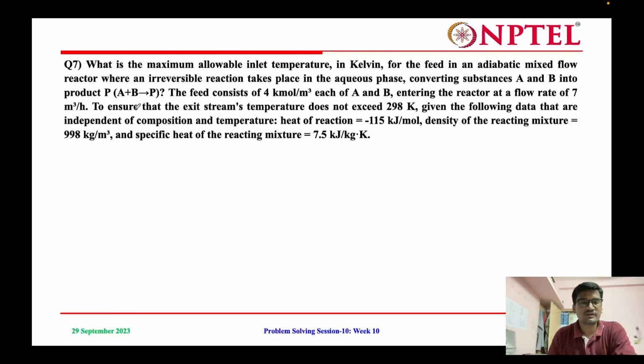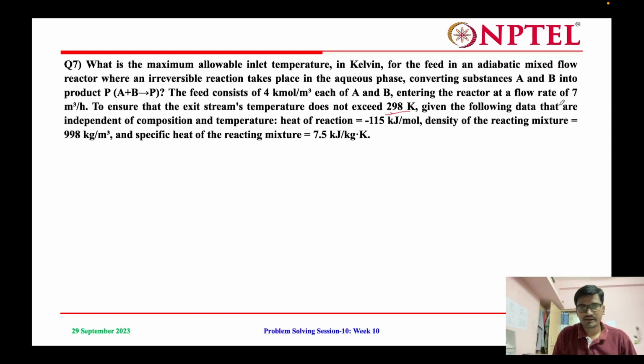Moving to question number 7. What is the maximum allowable inlet temperature in Kelvin for a feed in an adiabatic mixed flow reactor where an irreversible reaction takes place in an aqueous phase, converting substances A and B into the product P? The feed consists of 4 kilomole per meter cube each of A and B entering the reactor at a flow rate of 7 meter cube per hour, to ensure that the exit stream temperature does not exceed 298 Kelvin.